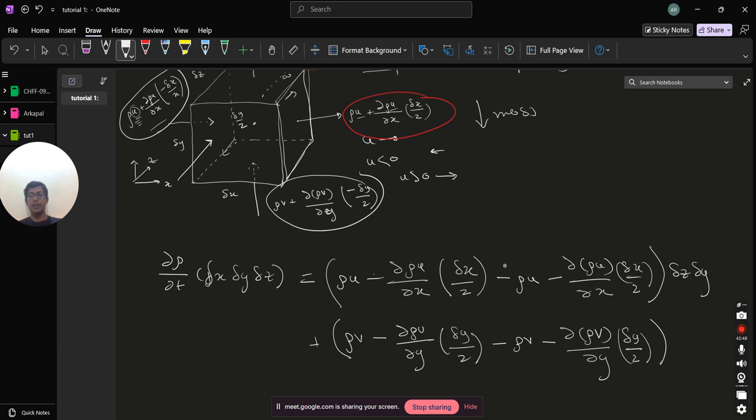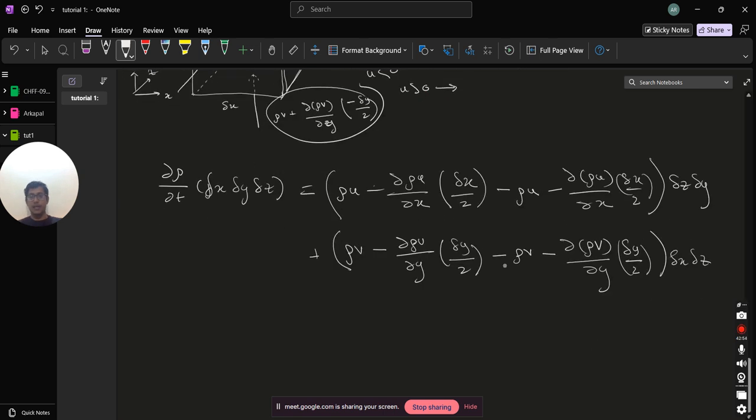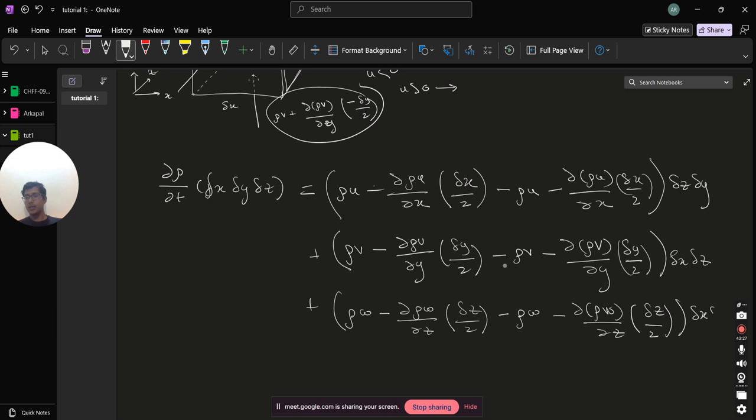It is nothing but delta x times delta z. This is quite intuitive. We can do the same thing for the z direction, and the area is nothing but delta x delta y.